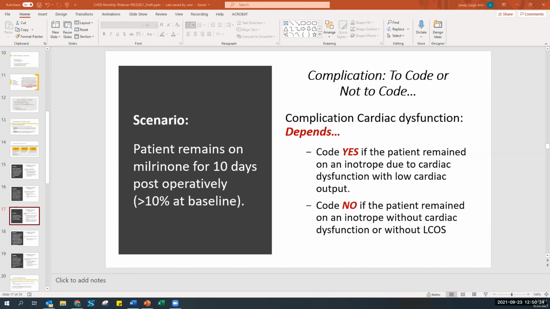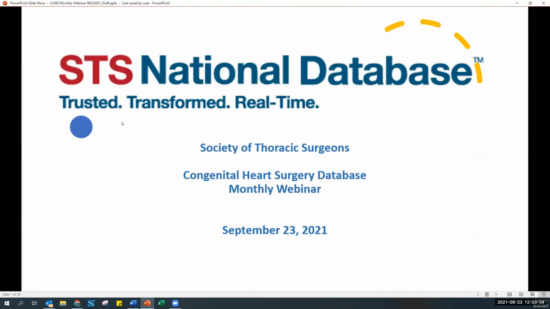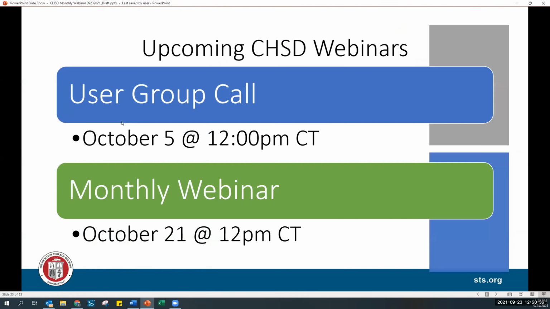It's easy to find all the clinical signs and symptoms listed in the definition, but not if the patient does or doesn't have cardiac dysfunction. So you're going to have to work with your clinical teams to get them to document better whether there is or isn't cardiac dysfunction.